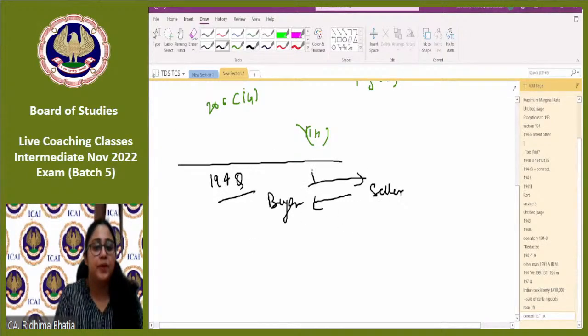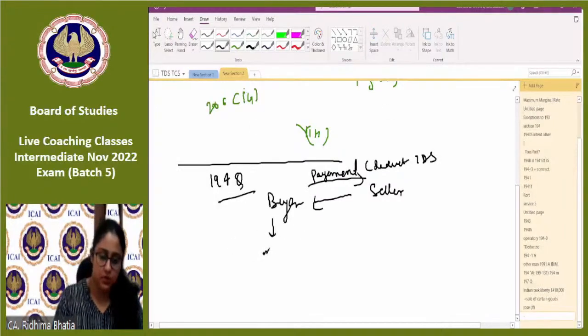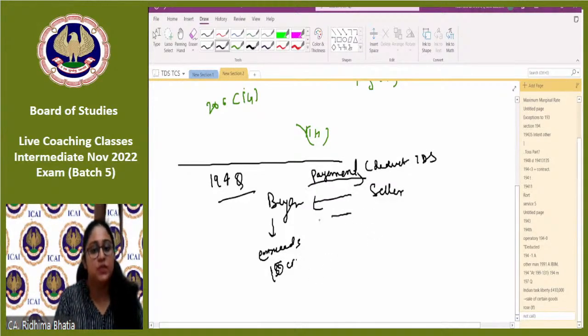While making the payment, the buyer will deduct TDS. But this will only happen if the buyer exceeds the turnover of more than 10 crore in the preceding financial year, and obviously the purchase from the seller is more than 50 lakhs.